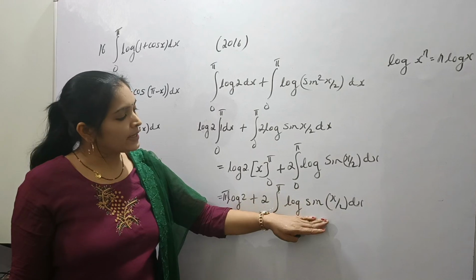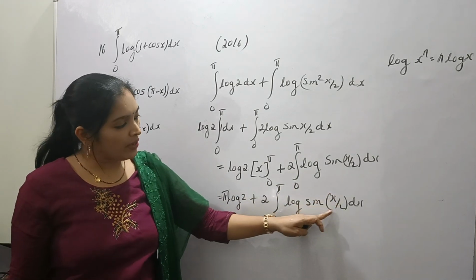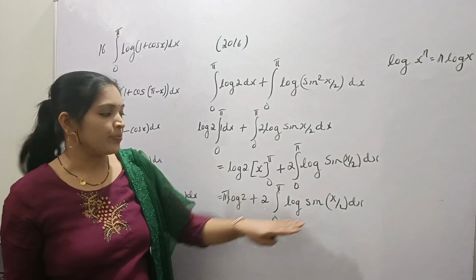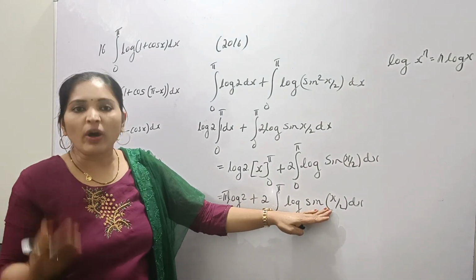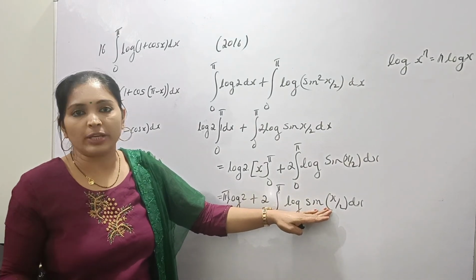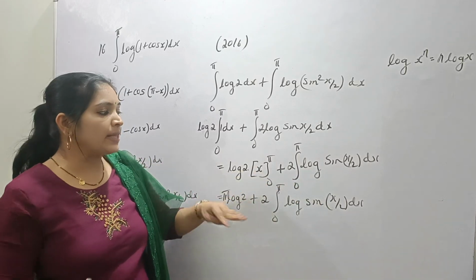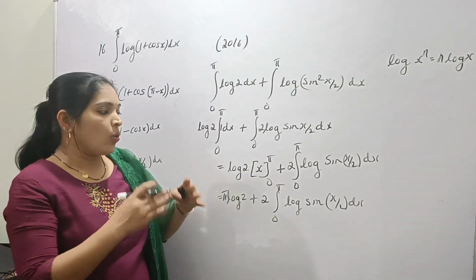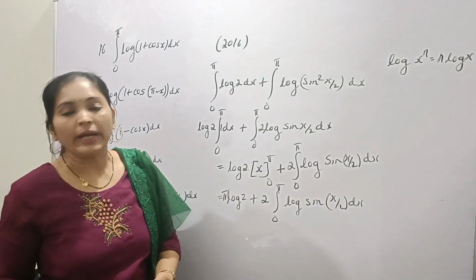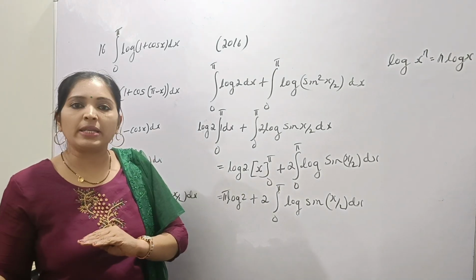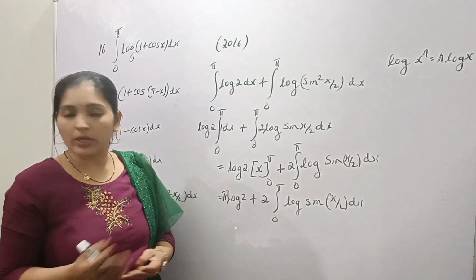To integrate this, first of all we will change the variable. Here it is x by 2, so let's make it only one variable, t, sin of t. Then only can we apply the property, because we cannot evaluate sin of (pi minus x) divided by 2 directly. If it were sin of (pi minus x), we could say it is sin x.